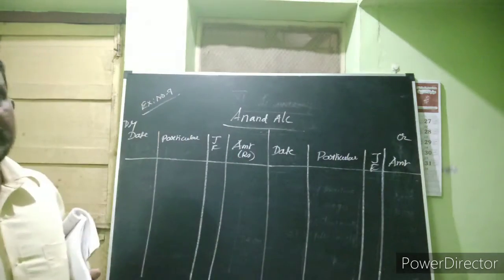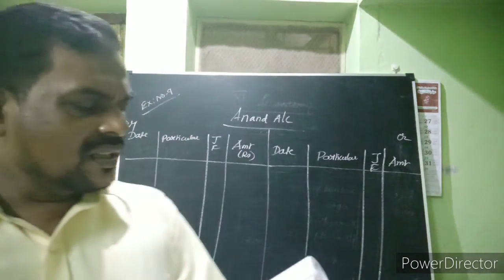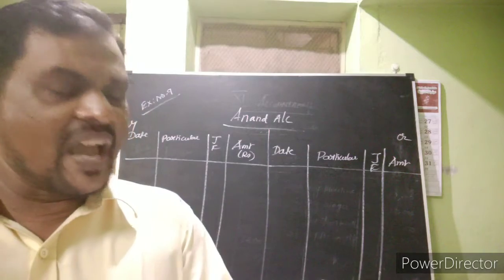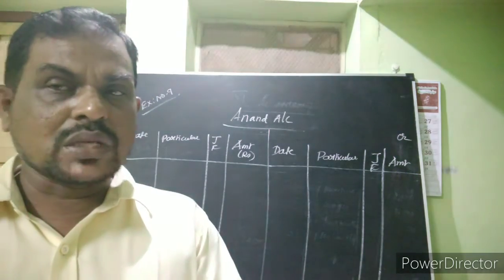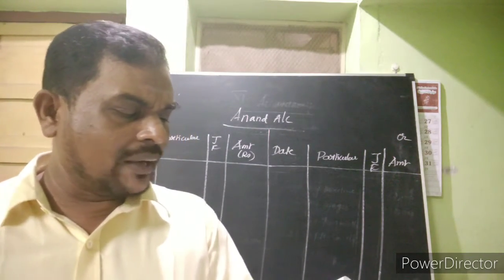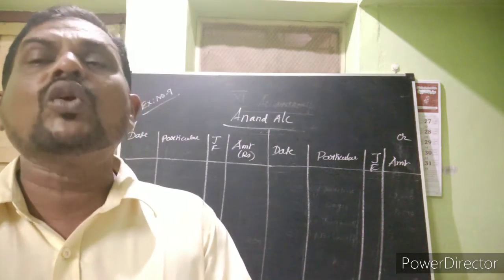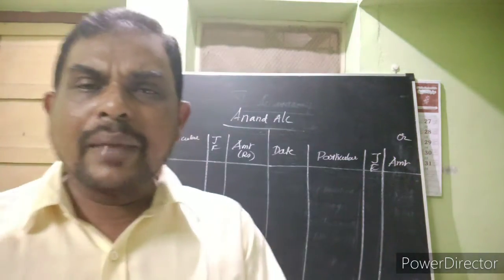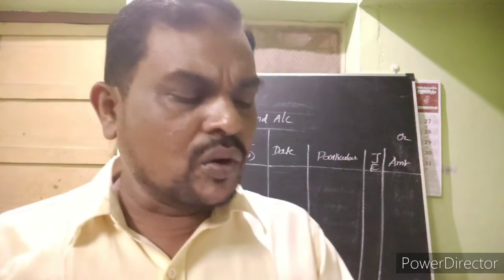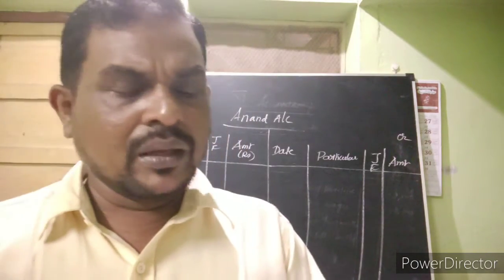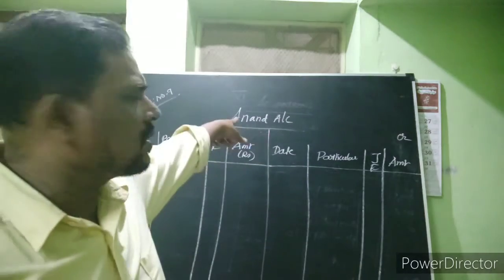Okay, listen, I'll read the transaction. 2017 July 1. Credit balance of Anand's account rupees 4,000. So we are preparing Anand's account.